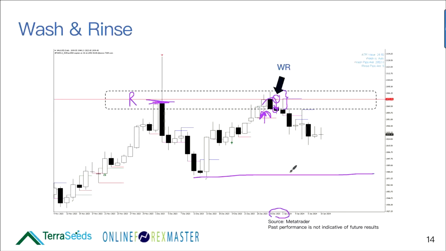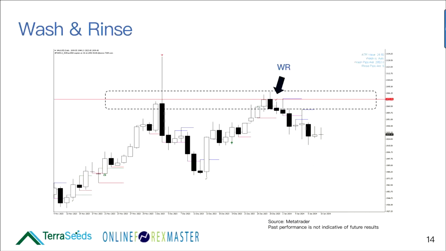And then somewhere around here, that becomes our reward, or you can just take a look at this space here, which is very wide, and this becomes our reward. So that's our reward, and this one will become our risk. So like I said, the reward to risk is actually very high, and wash and rinse is very logical and does happen quite often.